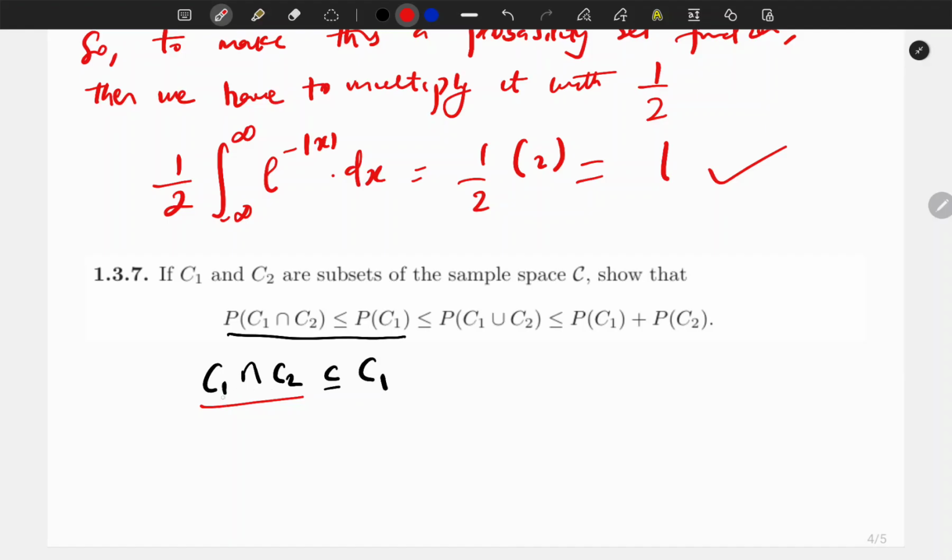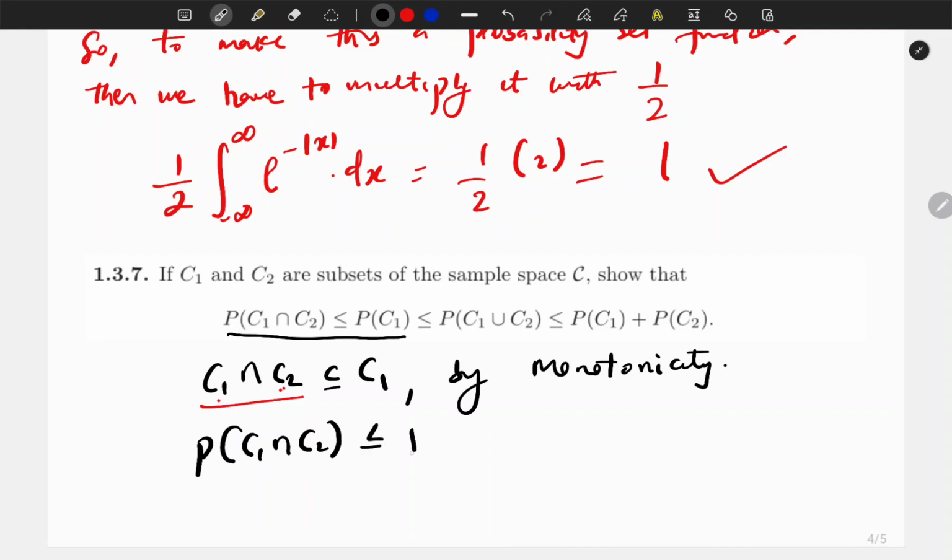An intersection must include elements of C1 that are common to C2, so there exists an element in C1 that's also in C2. So C1 intersect C2 is a subset of C1. Then by monotonicity, the probability of C1 intersection C2 will be less than or equal to the probability of C1. That completes that proof.